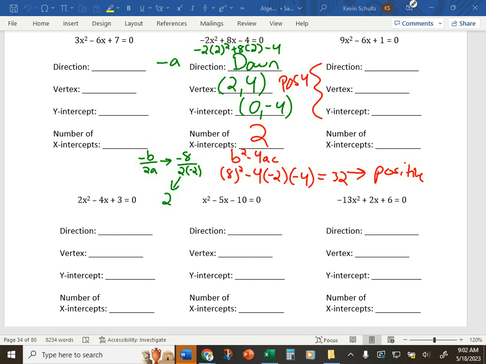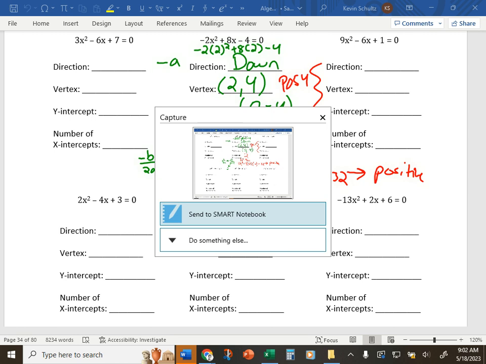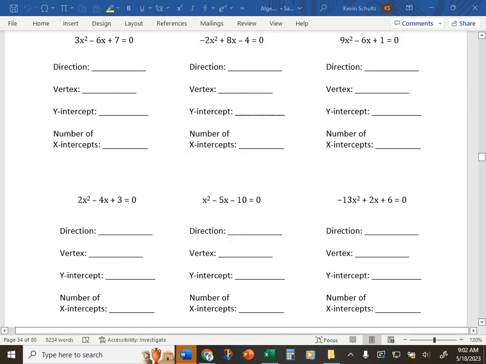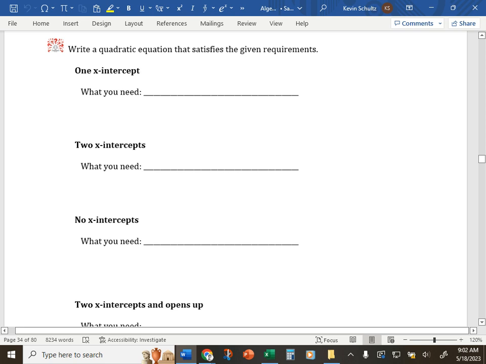I'll say also, if you're looking for extra credit, I rarely ever give extra credit outside of what's available on a test. If you are that Algebra 2-minded person that wants that extra challenge, on the second page of this I want you to write a quadratic equation that satisfies the given requirements. If you're looking for a quadratic equation that has 1 x-intercept, what must be true?